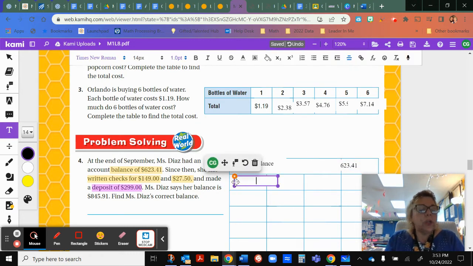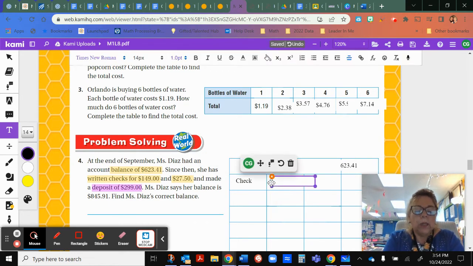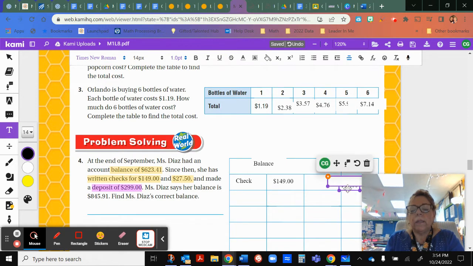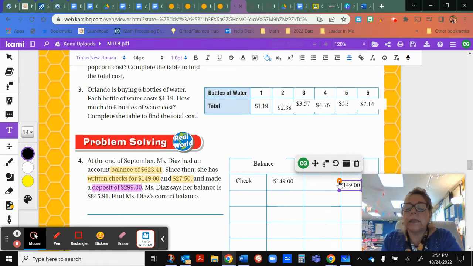I know that she wrote a check, and one of her checks was for $149.00. So I'm going to go ahead and subtract that and get my total. I'm going to put a subtraction sign next to that.